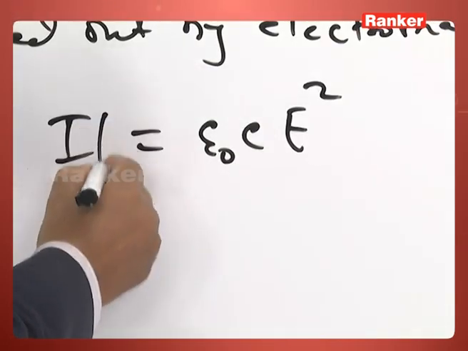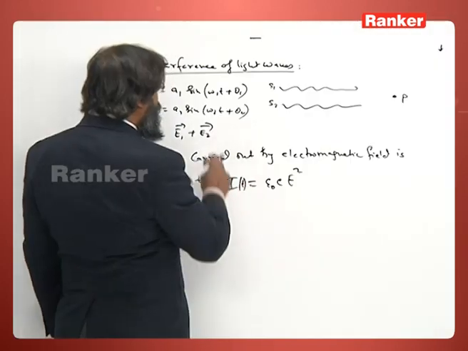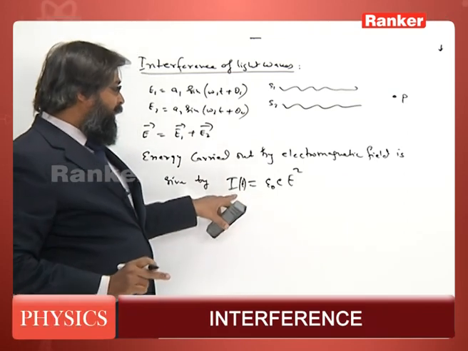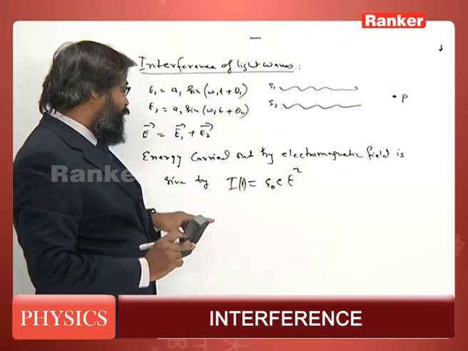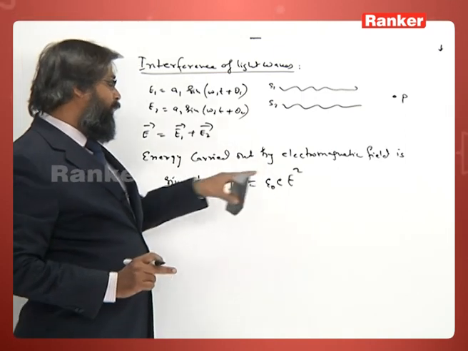This E is the electric field, this is the instantaneous field, that is E1 equals A1 sin(omega t plus theta). This intensity varies with time. This is the amount of energy falling per unit area per unit time.